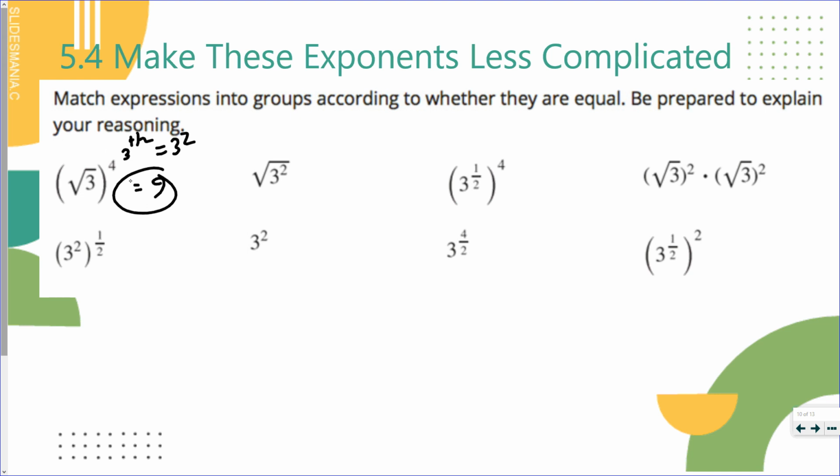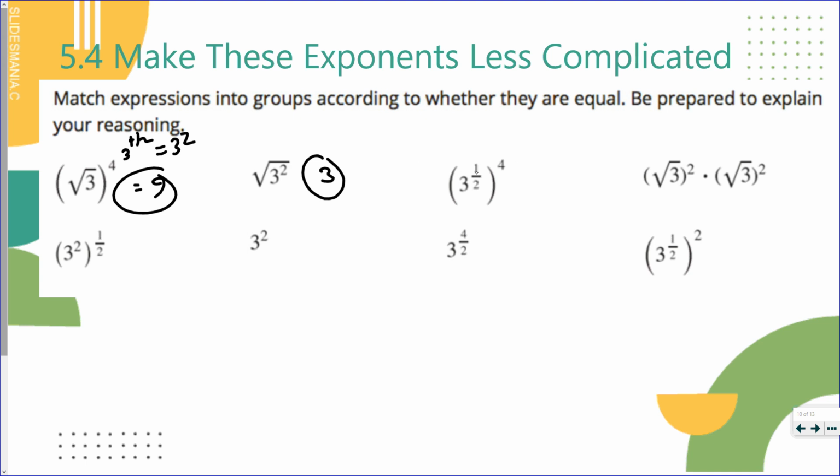And you can prove it by taking the 4 and moving it to the inside. You get 3 to the 4th, which is 81, and the square root of 81, we should know that. That's 9. Okay. Square root of 3 squared? Well, 9. Square root of 9, 3. Okay. So that matches nothing yet.